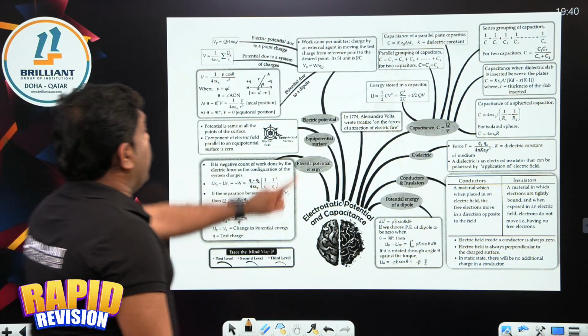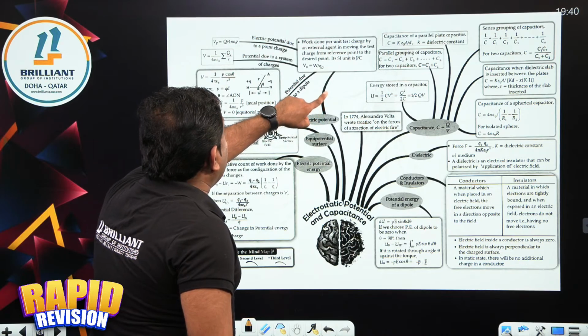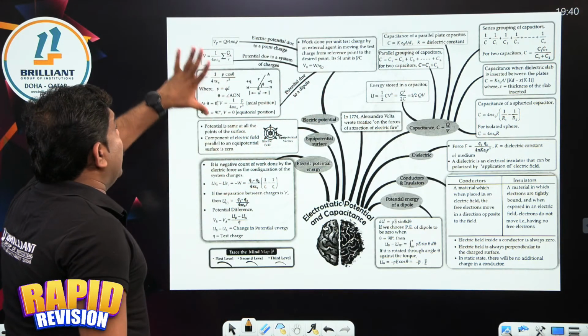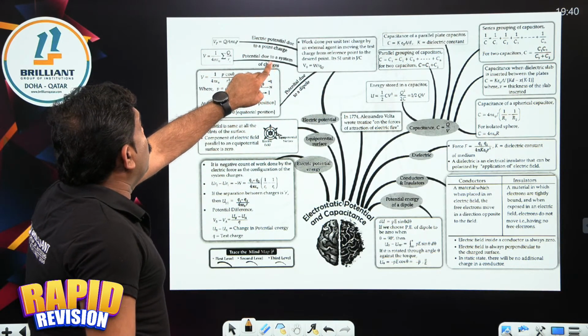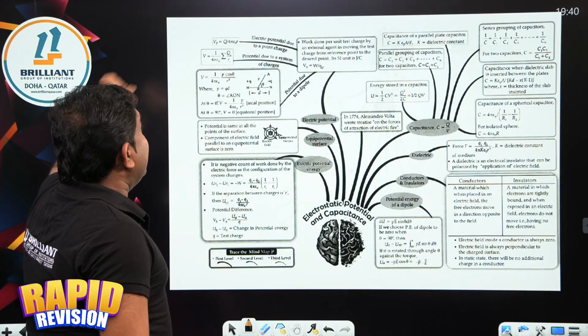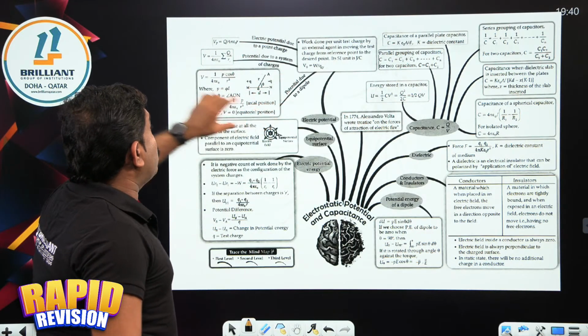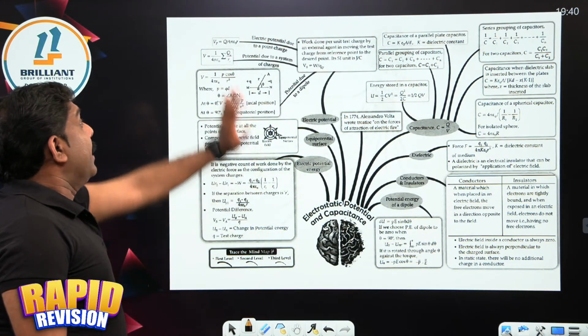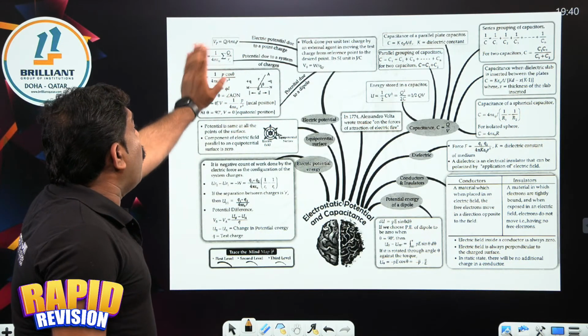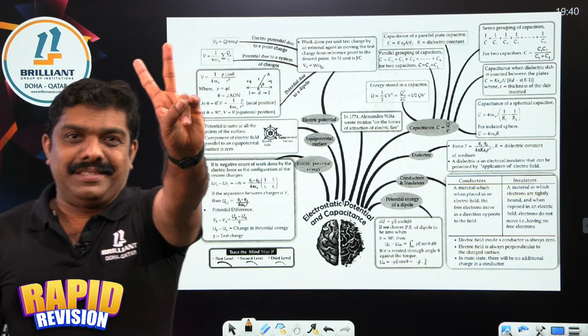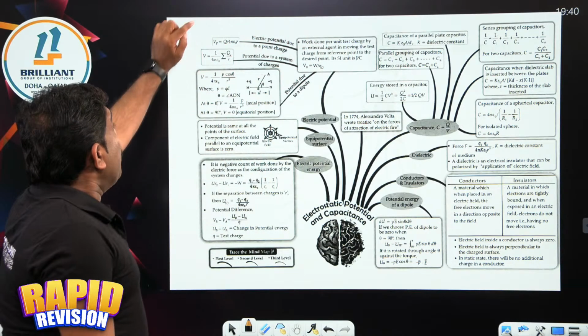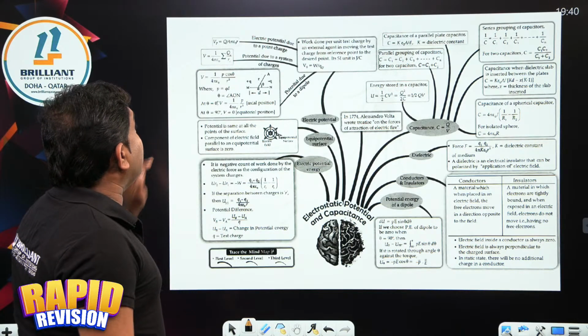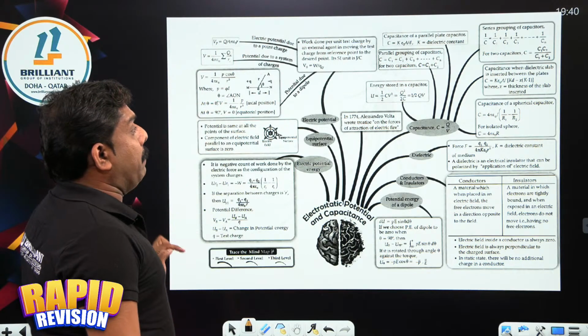Another important point: potential due to a point charge is one derivation, and potential due to a dipole is the next derivation. In the left top corner, there are two derivations, potential due to a point charge and potential due to a dipole.